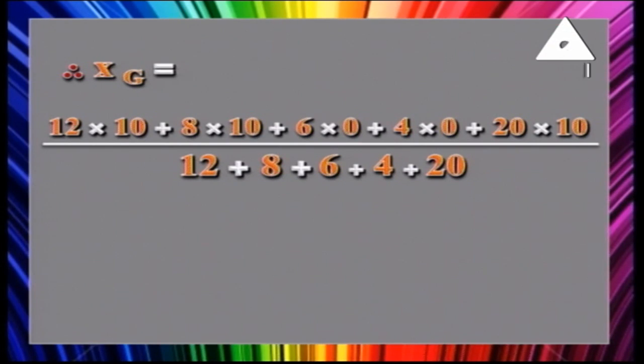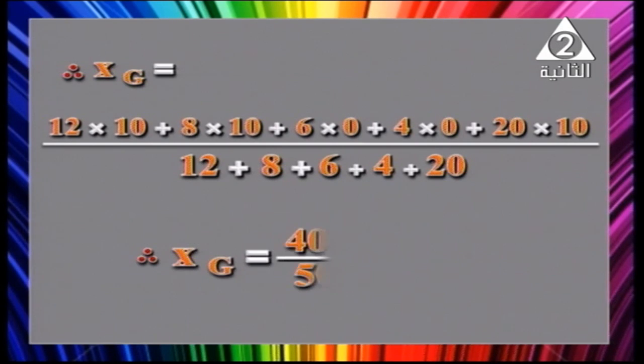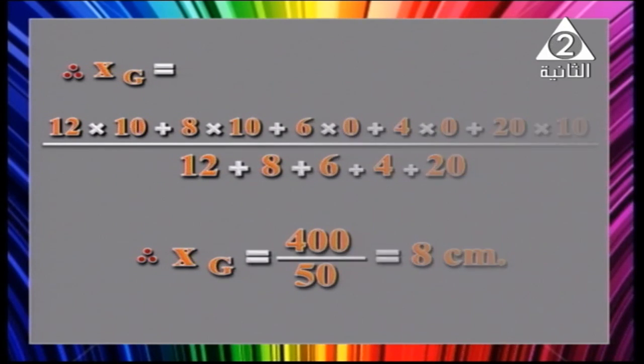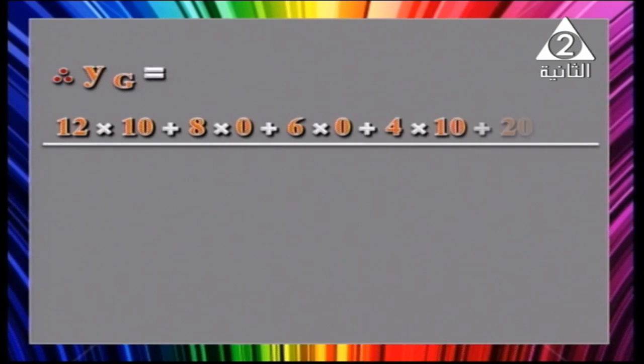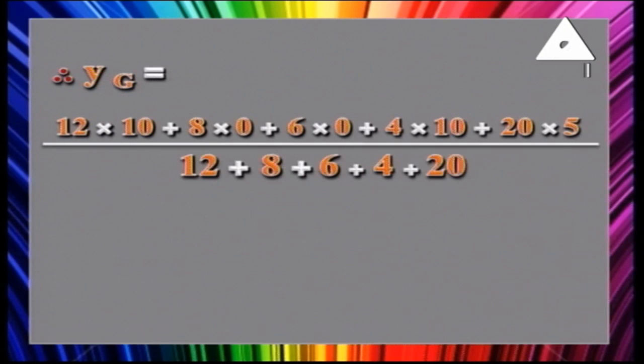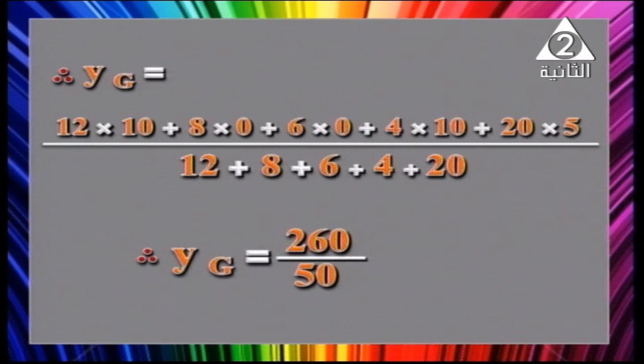To find the coordinate of xg, it equals 8 centimeters. By using the same method, find yg: 12 times 10 plus 8 times 0 plus 6 times 0 plus 4 times 10 plus 20 times 5 over the sum of all mass. yg, my dear student, equals 5.2 centimeters.